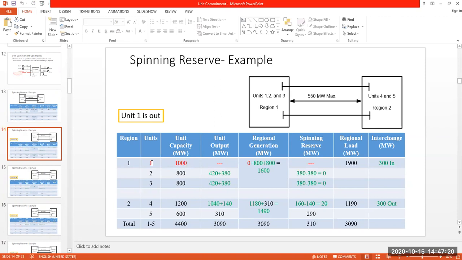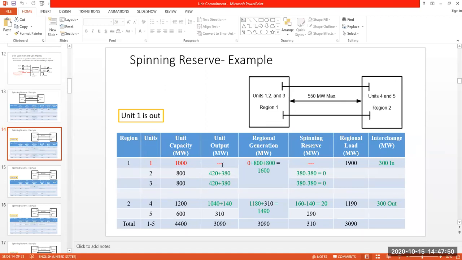So can your system supply the power in a secured manner, without hampering the provided limits of your system? So let us see, unit 1 is out, so I've colored it in red. So that means now there is no output, because the unit is out.